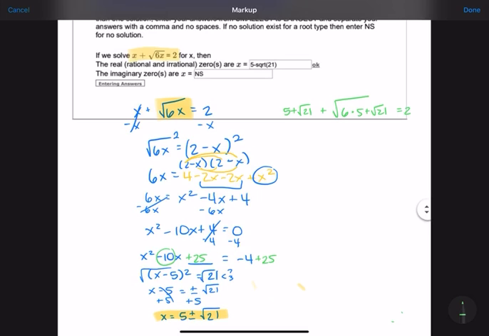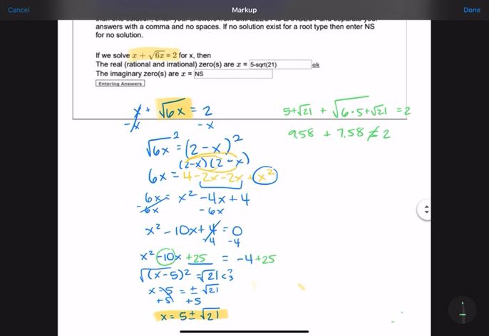So I get approximately square root of 57.5, and if I actually take the square root there, I get 7.58 plus, and then 5 plus the square root of 21 is 9.58, and this should be equal to 2, but obviously that is not true.